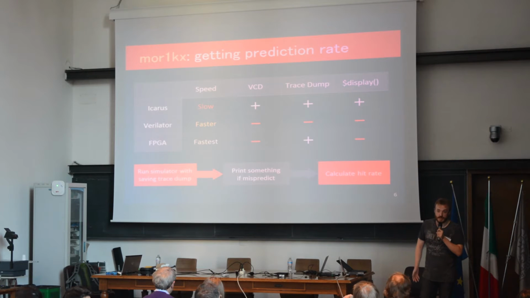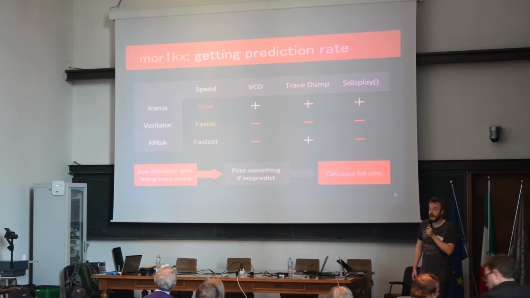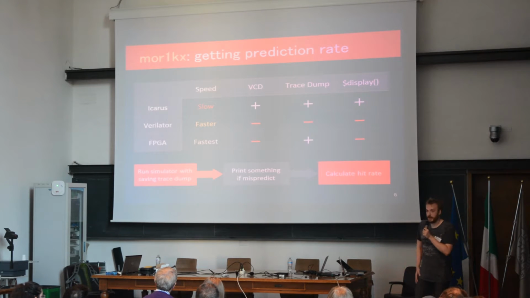We could dump a trace and run the simulation. In the end, we get some trace dump where we can calculate branches executed, and then we can get a file which contains mispredicted branches, and then we can divide and get a branch hit rate.